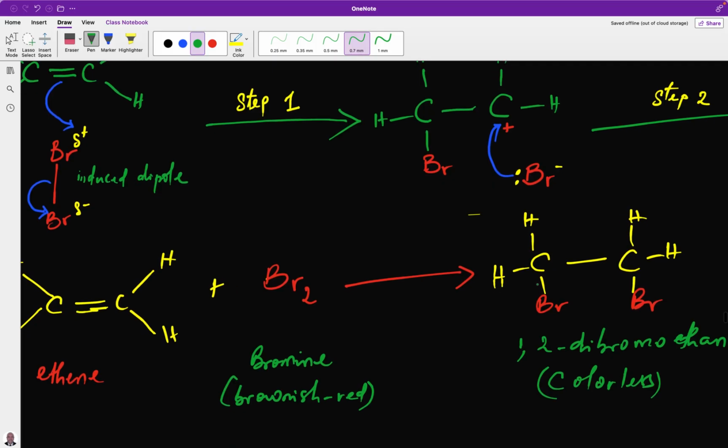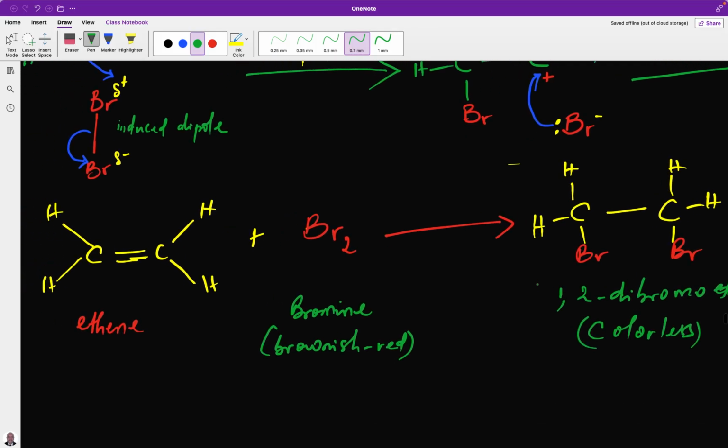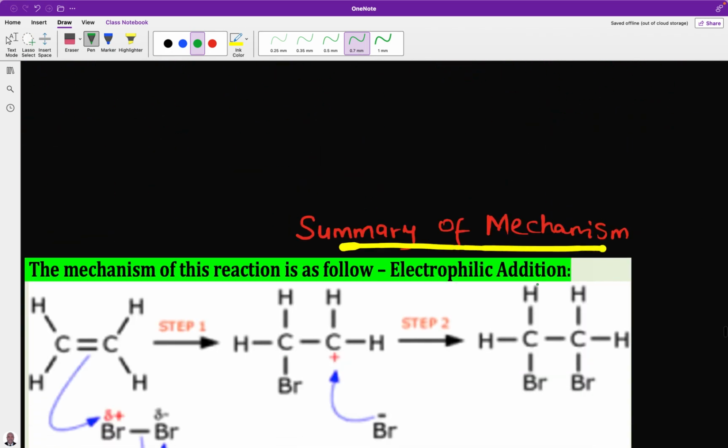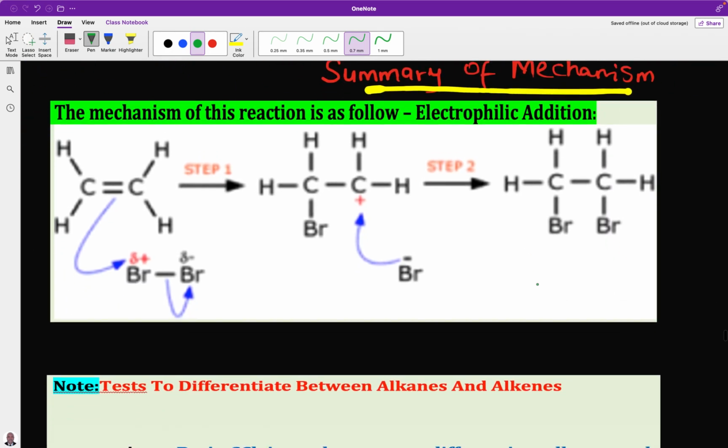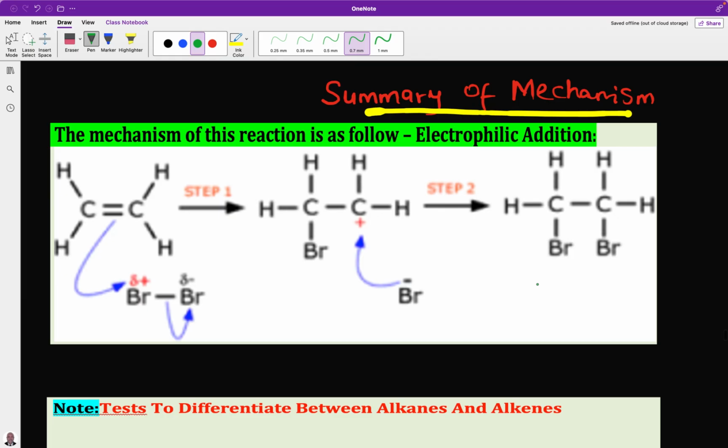Again, this is how you can summarize it here. This is a summary of the mechanism that we have just explained. That is an ethene molecule. What happens? A cloud of electrons. There's a dipole induced here. What happens?